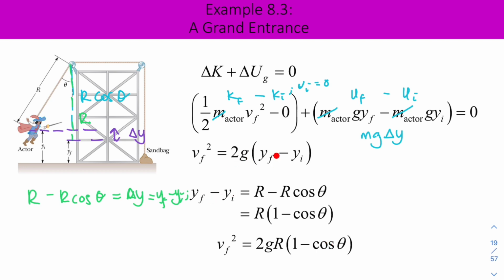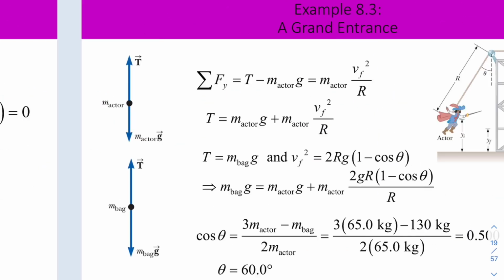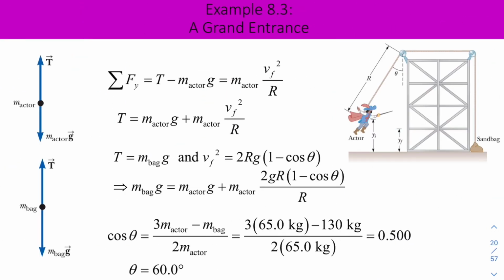Substitute this into this equation, then you will get v final squared equivalent to 2g times 1 minus cos theta.